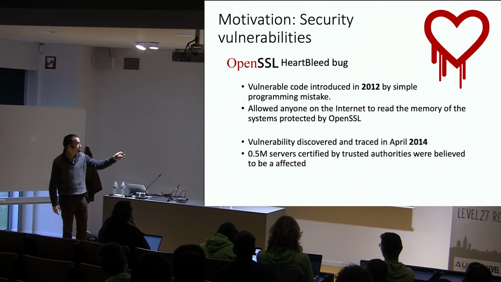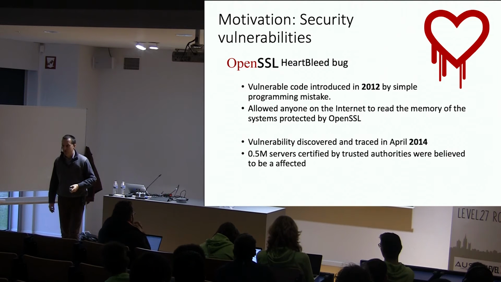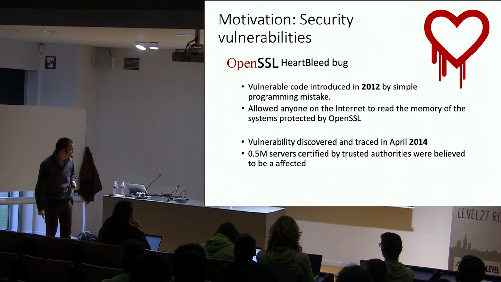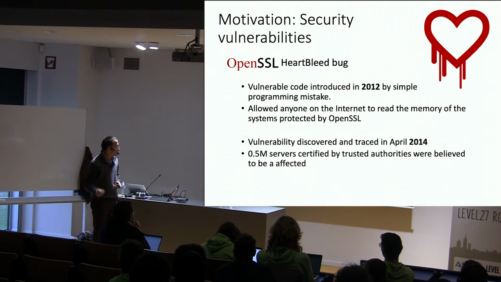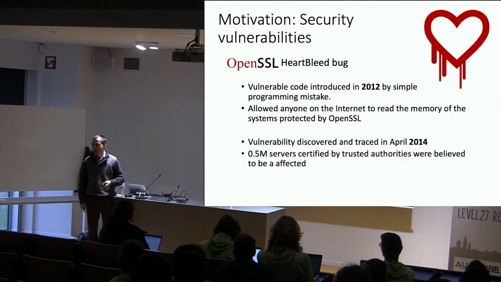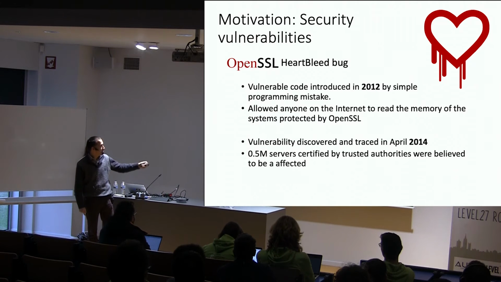Another well-known problem is this one, the OpenSSL Heartbleed bug. I'm not going to go into details there, but basically this is an example of evidence where it's a vulnerability that was introduced in 2012, and the discovery of the vulnerability was only in April 2014.